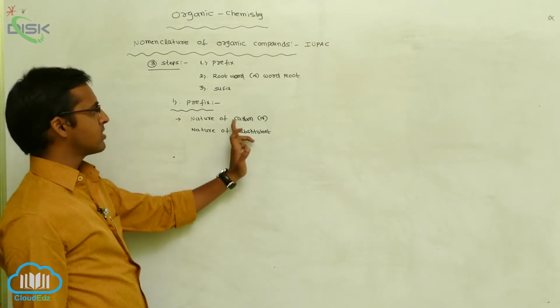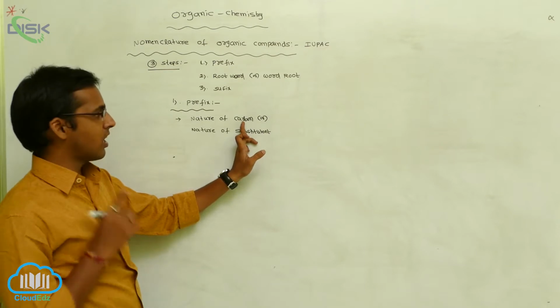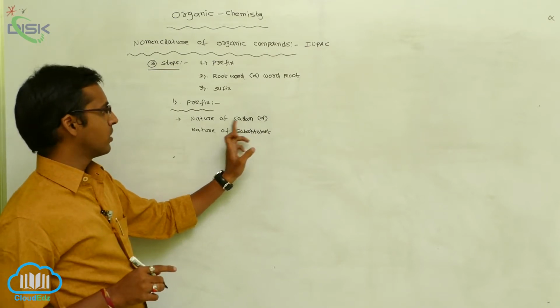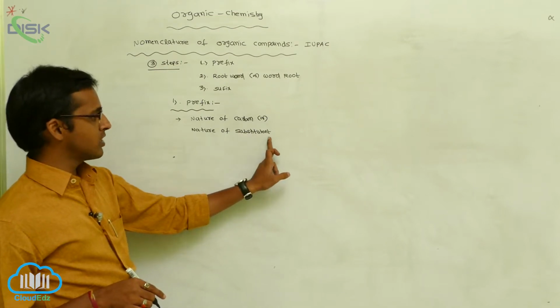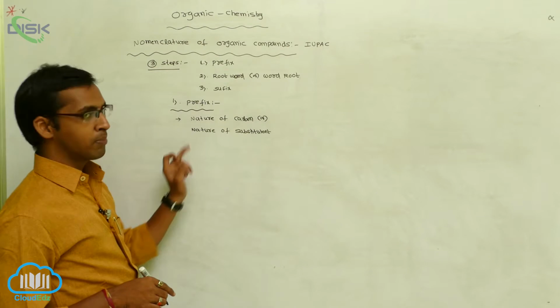Only the prefix explains what the carbon nature is, that is, cyclic nature or straight chain or closed chain. What is the substituent? Your substituent is chlorine or bromine or iodine. Which type of substituent is present is explained by a prefix.